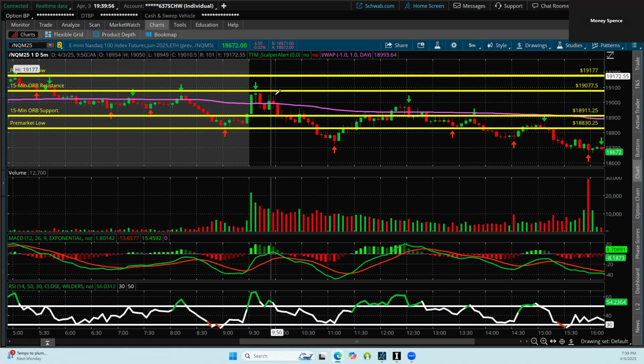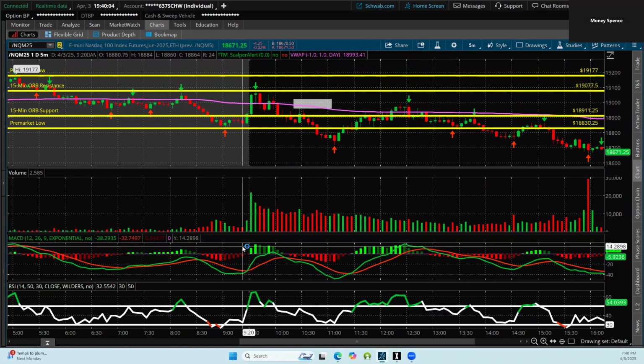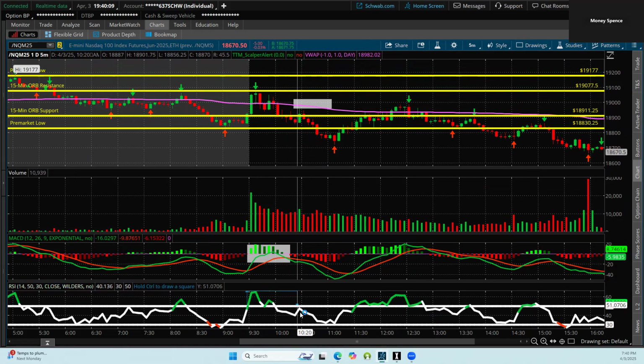We're going to be utilizing VWAP. That's the purple line right here. I'm going to highlight that section. We're going to use VWAP, the MACD, and the RSI.